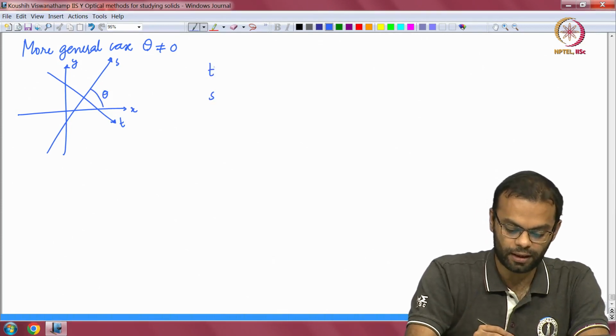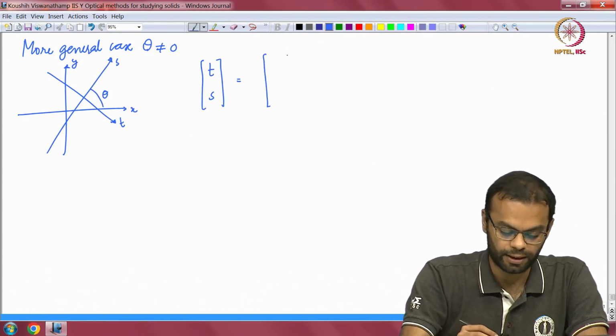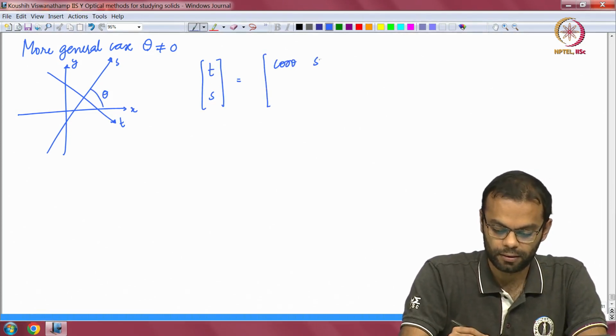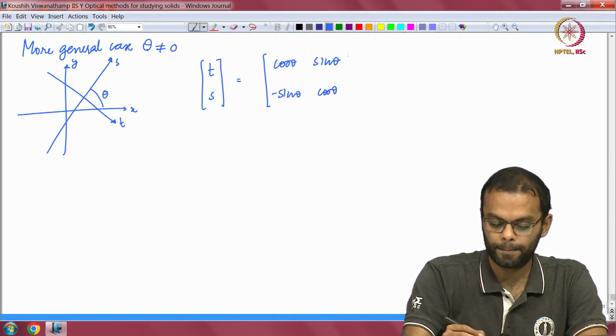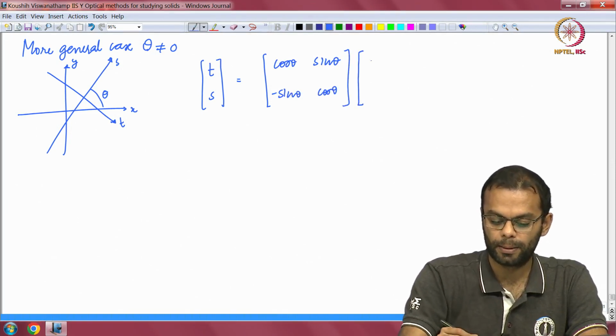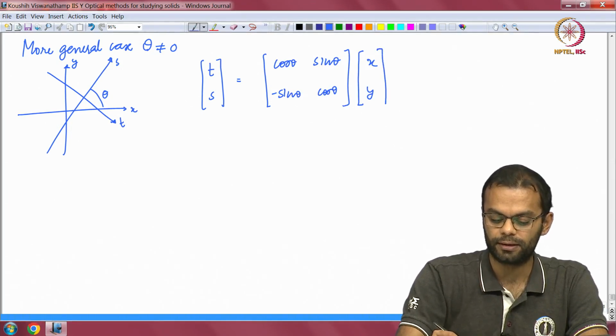So, you can in general convert the t, s coordinates using a rotation matrix in terms of the xy coordinates.